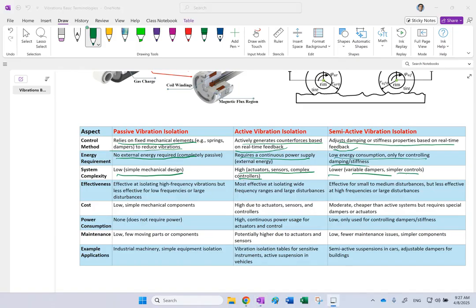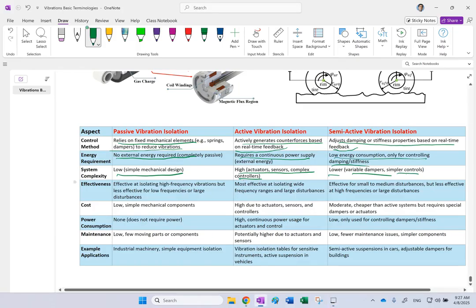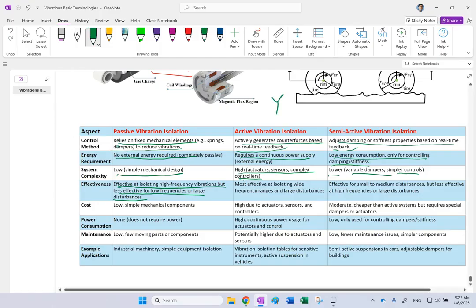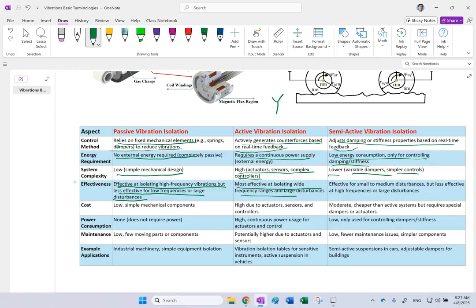Now, passive ones are good mostly for high frequencies. At low frequencies, they are not great at getting rid of those resonances. And when the disturbance is large, so that Y is big, they do not do a great job. I just found that I had a typo here, so I fixed it. The active ones are good at a wide range of frequencies and disturbances.